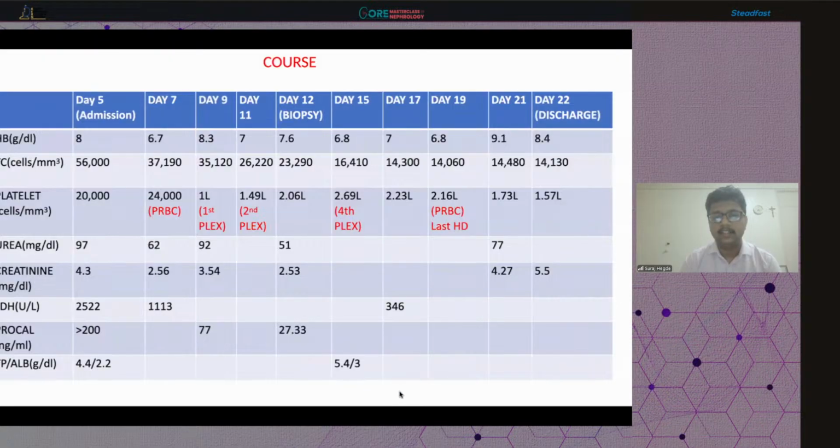And LDH showed a decreasing trend from 2,500 to 340 by day 17, in a gap of 10 to 12 days. And procalcitonin also had significantly reduced from more than 200 to 27 by the time we did the biopsy.